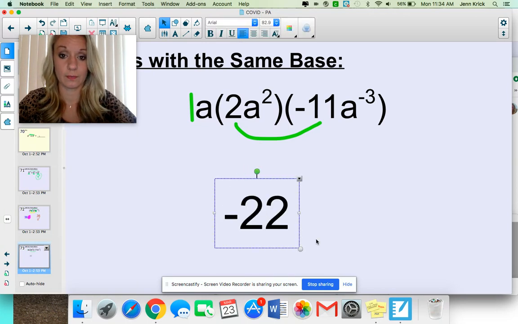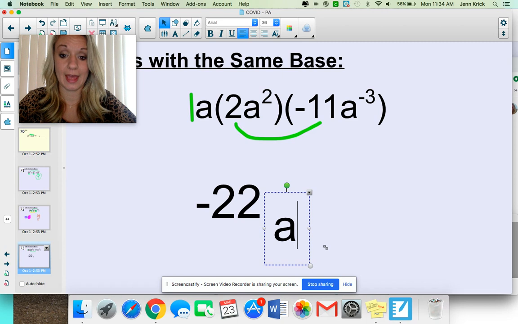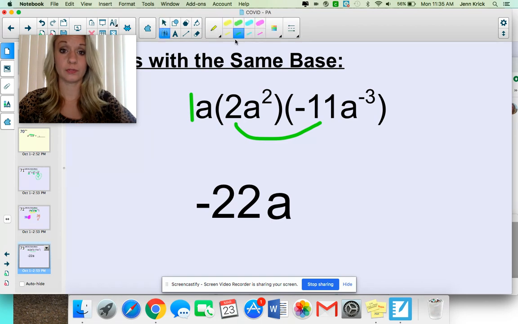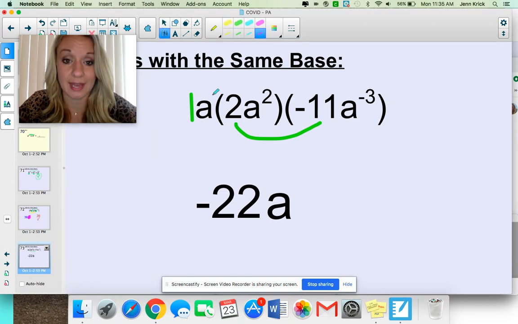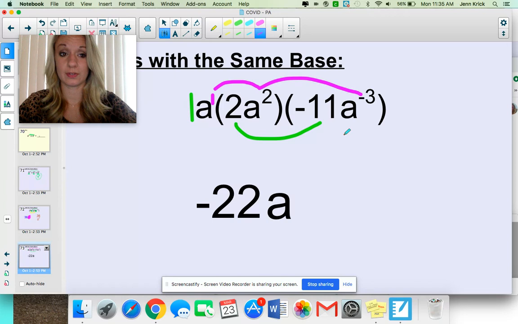That's what I know. The next thing, I see I've got a, and I've got a. That means I'm going to keep my base of a and add all of my exponents together, because we're technically multiplying. So even though we don't write it out, we know that this little guy has an exponent of 1. So 1 plus 2 is 3. 3 plus negative 3, that's a 0 pair, so they cancel out, so it turns out to be 0.